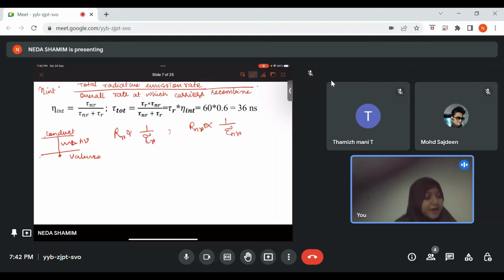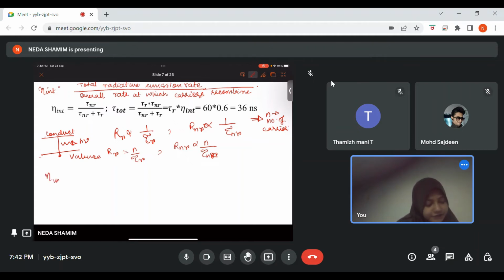If n is the number of carriers, then R, the radiative rate, will be equal to n by tau r. Tau r is the lifetime of the radiative emission, and the non-radiative rate is proportional to n by tau nr. This is for the non-radiative case. So this is my eta int.